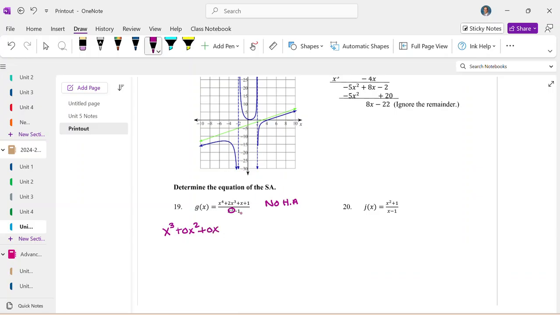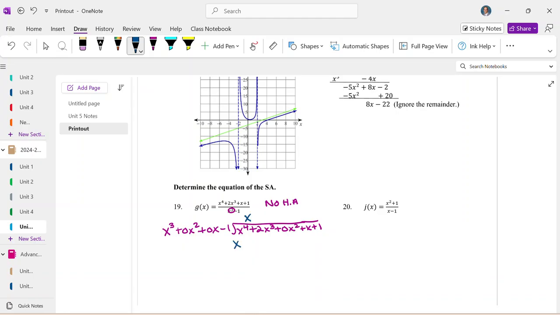And since it skips powers, remember we have to put zeros. So here it'd be x to the 4th plus 2x to the 3rd plus 0x squared plus x plus 1. So we're going to divide the numerator by the denominator. Notice x to the 3rd times x will give you x to the 4th.